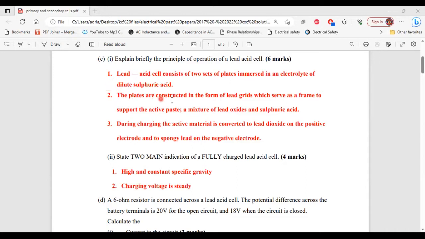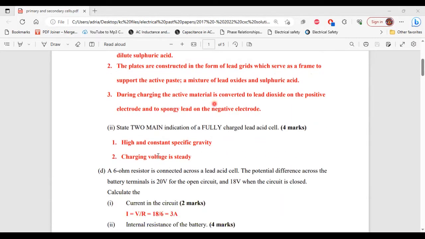The plates are constructed in the form of lead grids, which serve as a frame to support the active paste, a mixture of lead oxides and sulfuric acid. During charging, the active material is converted to lead dioxide on the positive electrode and to spongy lead on the negative electrode. All right, so that's it for part 1 of C.